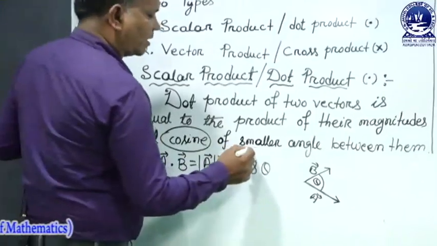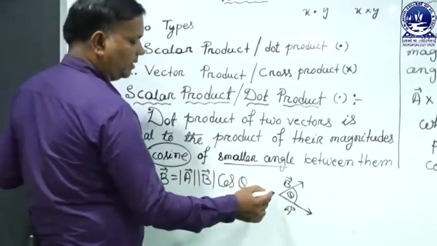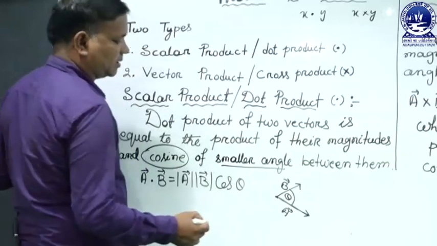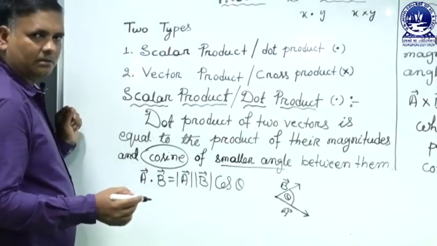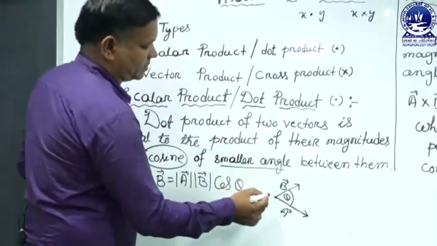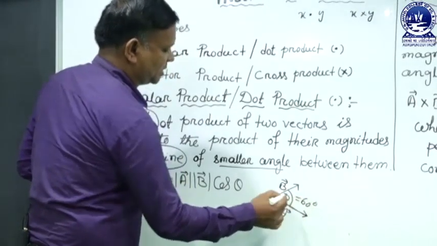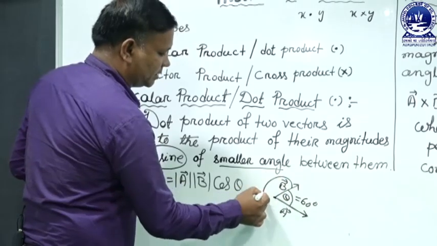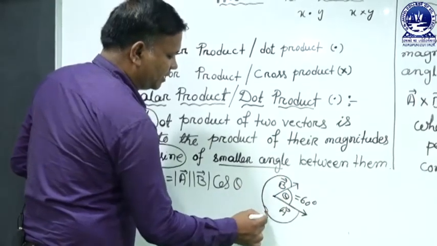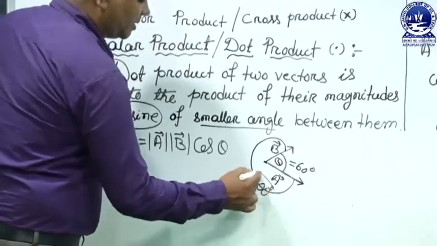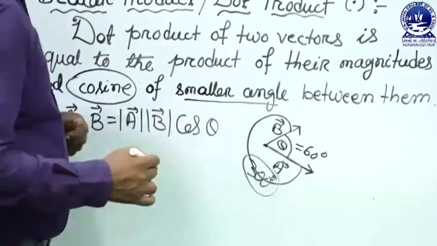Why is it called the smaller angle? When two vectors are inclined with each other, there are two angles. Suppose this is 60 degrees, the other angle is 300 degrees. So this is the bigger angle and this is the smaller angle.